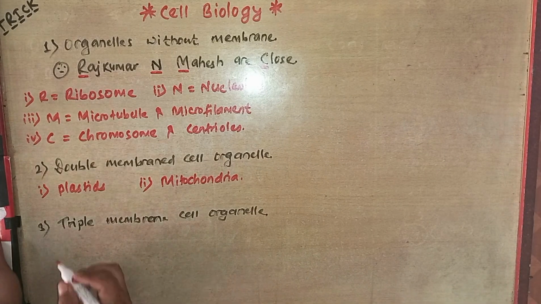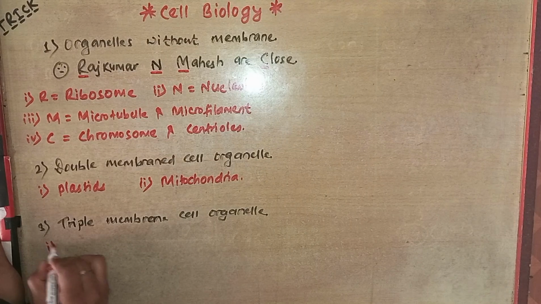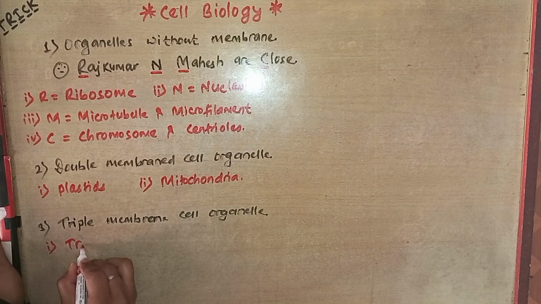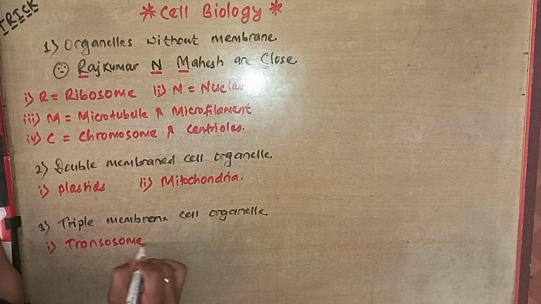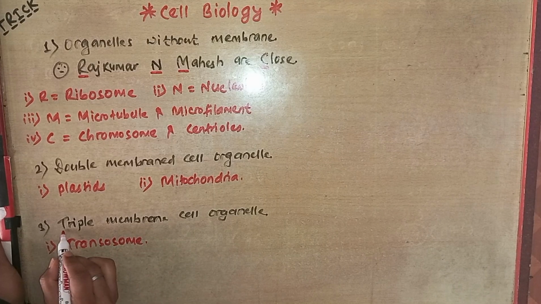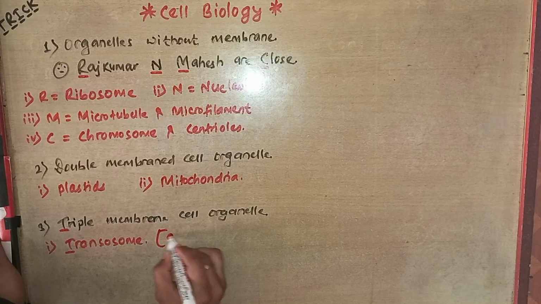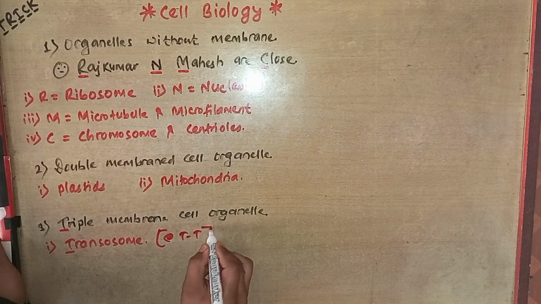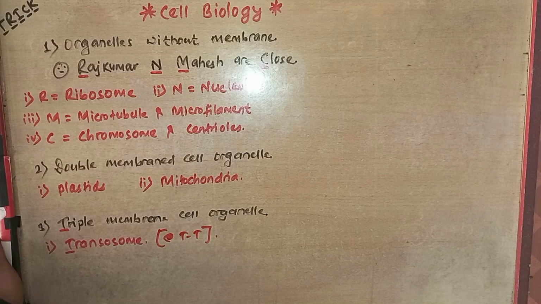For the triple membrane cell organelle, there is only one organelle, and that is transosome. So you can remember as triple membrane, that is starting from T, and this transosome is also T. So remember as TT. Triple membrane, transosome, starting from T.